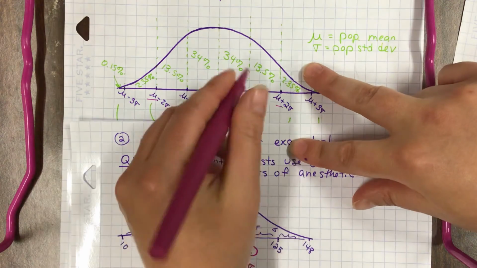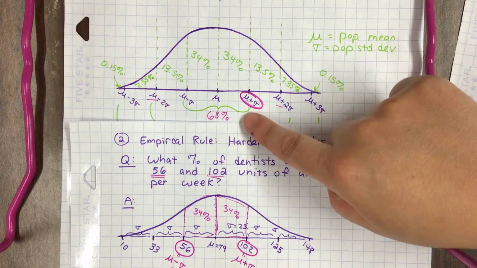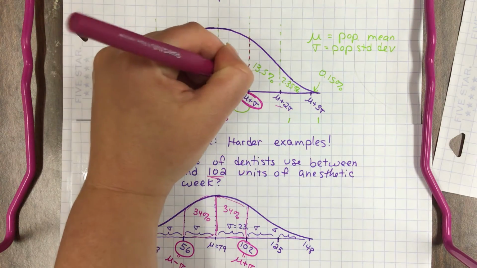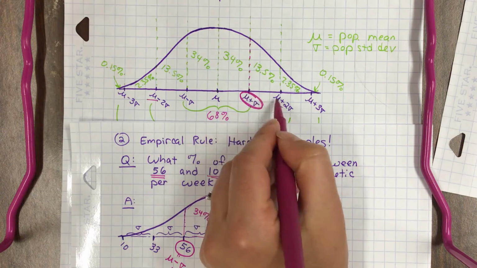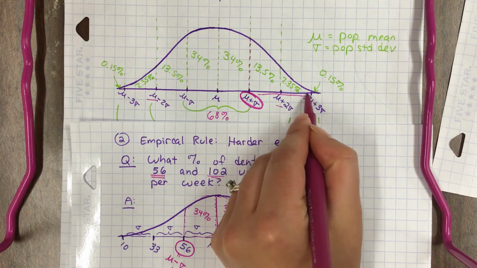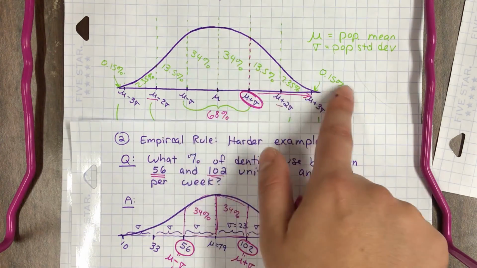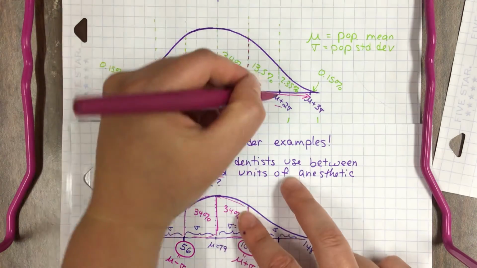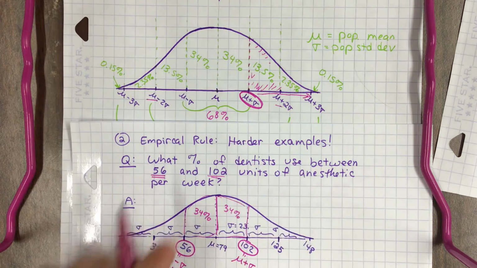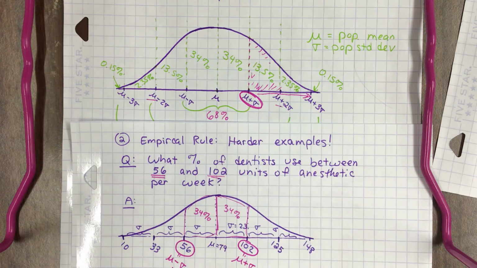Remember that 102 here corresponds to mean plus 1 standard deviation. How much of your data is above that, with a higher value? Well, it's going to be everything in the tail that's to the right of mean plus 1 standard deviation.